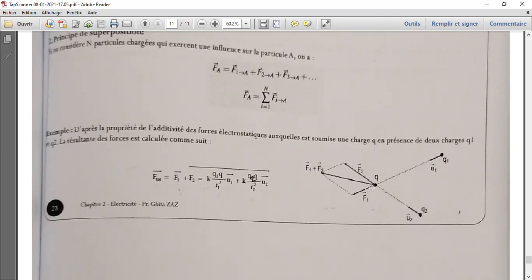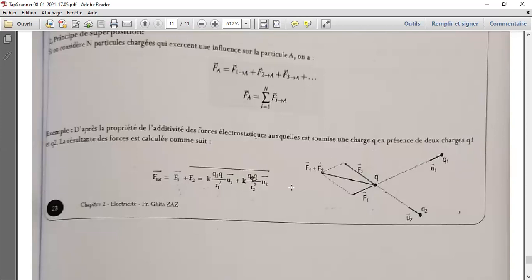It depends on you, but in this case where you have a lot of charges, you only show the first point where you are starting, where the force is coming from. So here the force is coming from Q1. That's why they have written U1, which signifies that the force is in a direction from U1 towards Q.